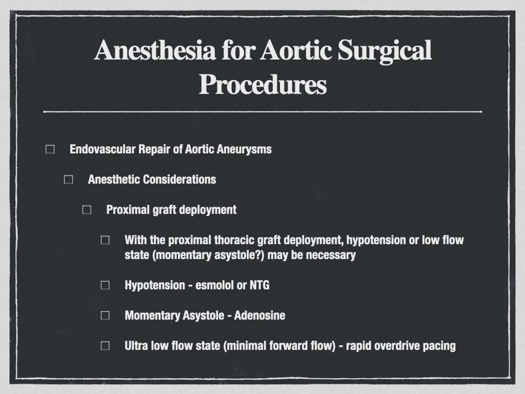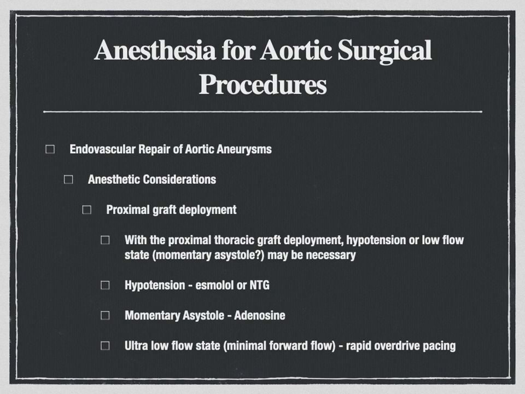When you're deploying grafts proximally with the thoracic grafts, you will need hypotension or a low flow state, possibly momentary asystole for deployment of that graft. You need that graft to stay in place and you want to minimize forward flow.